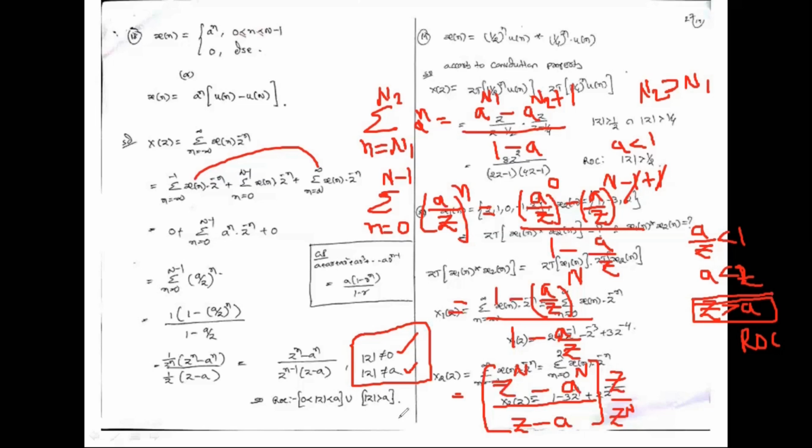Got it, my students? Or otherwise, simply we can say, except z not equal to 0 and z not equal to a, for all the remaining values of z the function X(z) exists. Got it?